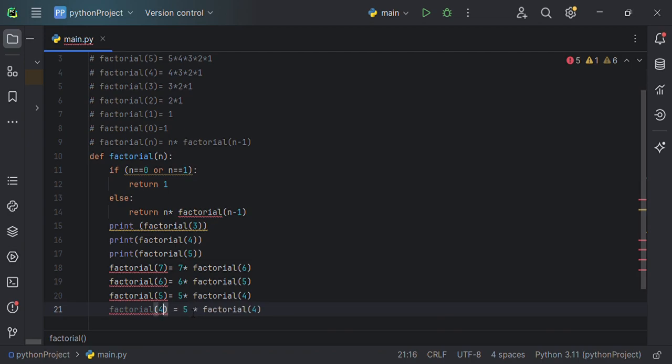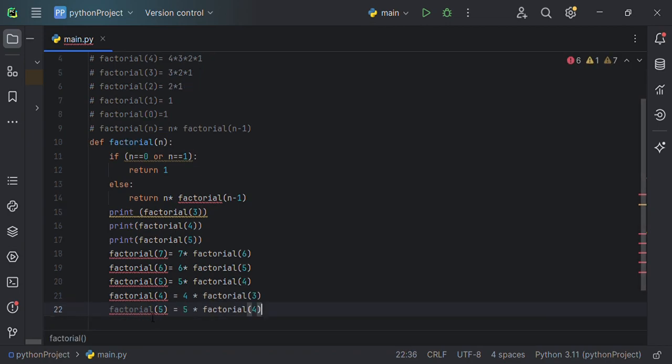Factorial of 4 equals 4 multiplied by factorial of 3, because our n is 4 and n minus 1 is 3.